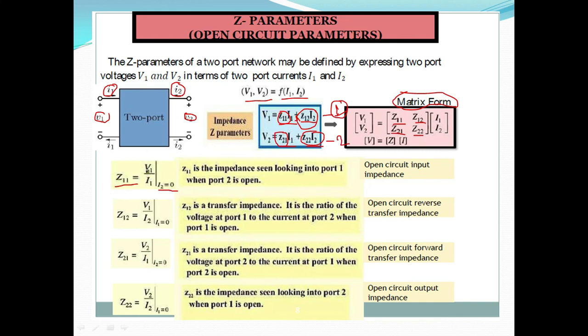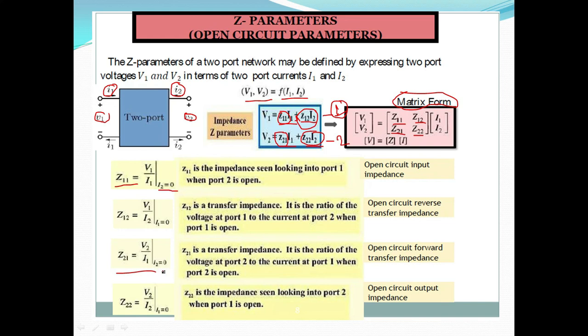Then one more parameter we find is Z21, which is equal to V2 upon I1 when I2 is equal to 0.